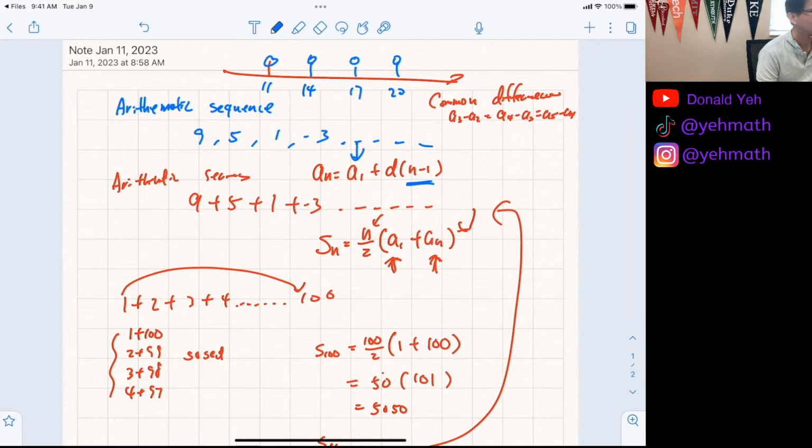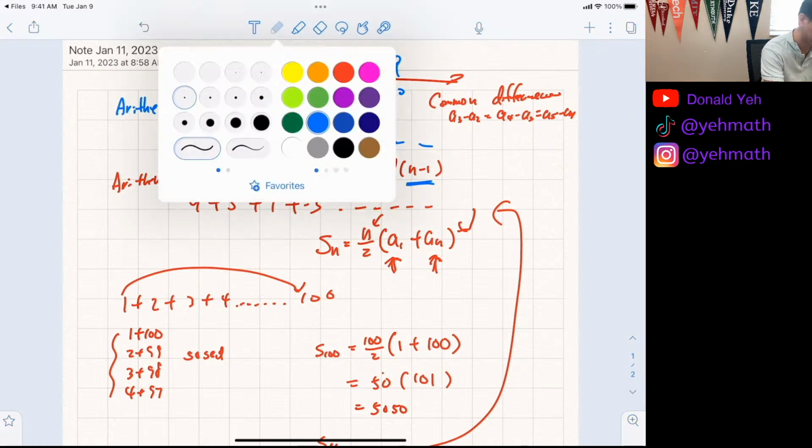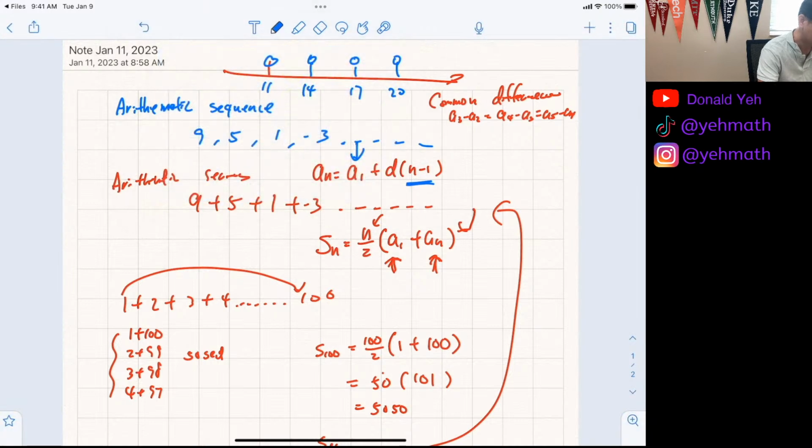Yes. So for the arithmetic series formula, how does that work when you have an odd number of terms in a series? Yeah, it still works. Let's just add one more term here. -3 subtract 4 is -7, right?